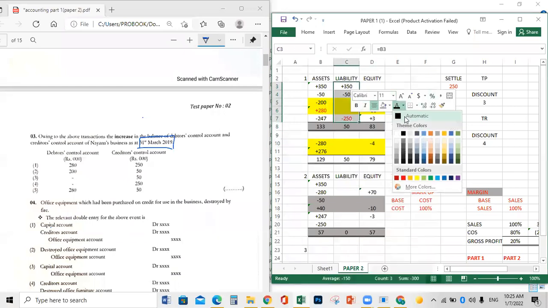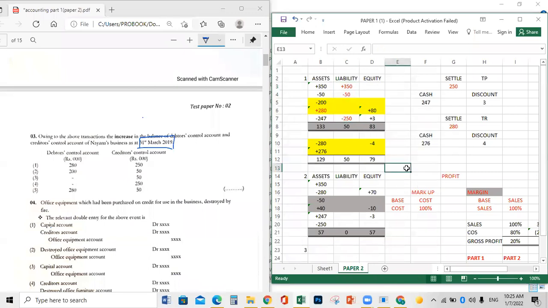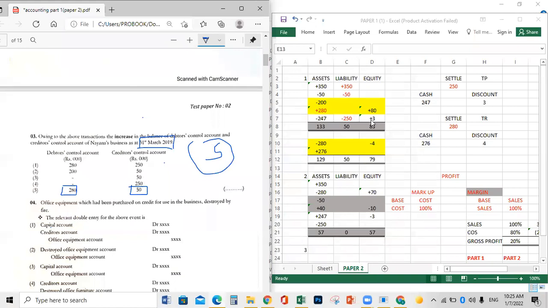So guys, whatever I have marked in red color will be the answer. So debtor control will increase by 280,000, while your liability, the trade payable, creditor control, will increase by 50,000. Answer is the fifth one. How I got 50,000?